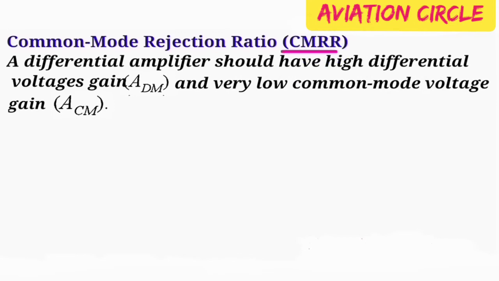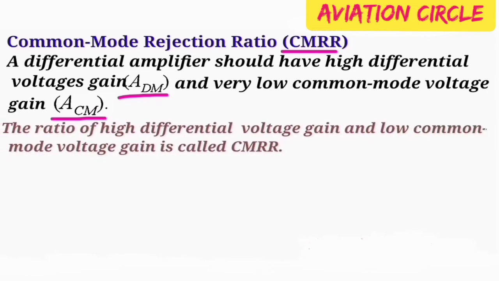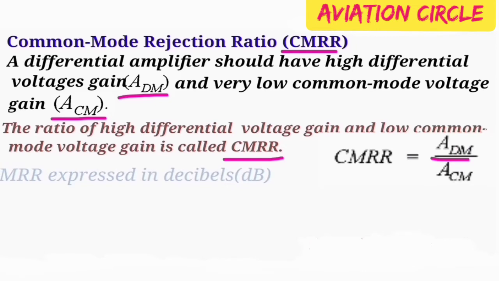CMRR, common mode rejection ratio. A differential amplifier should have high differential voltage gain ADM and low common mode voltage gain ACM. The ratio of differential voltage gain to common mode voltage gain is called CMRR, common mode rejection ratio. CMRR equals ADM upon ACM.